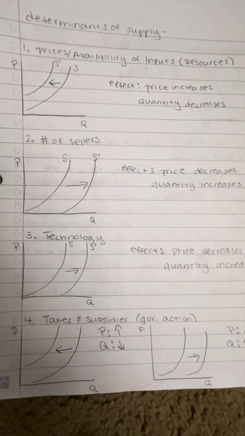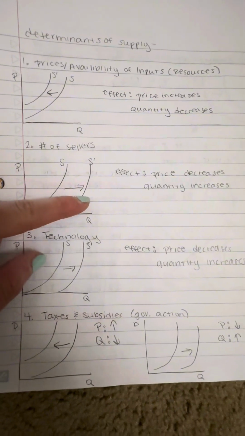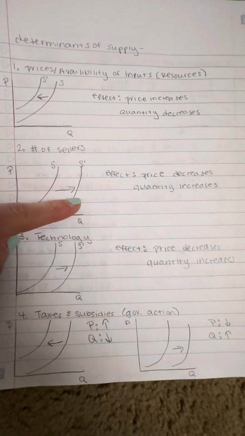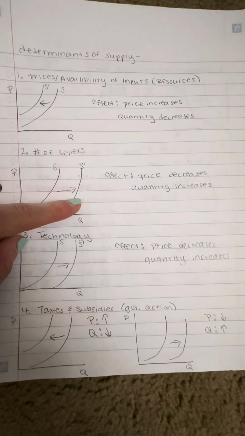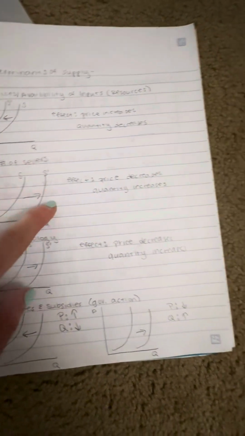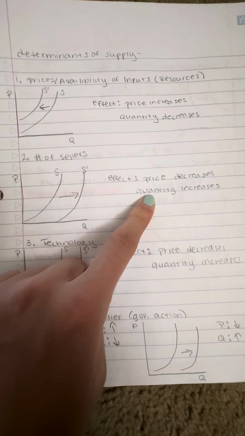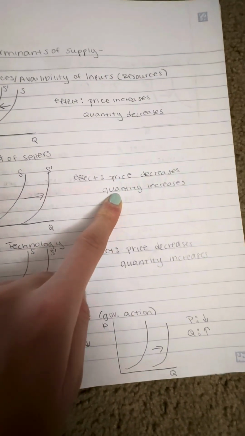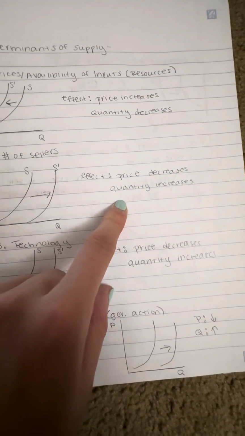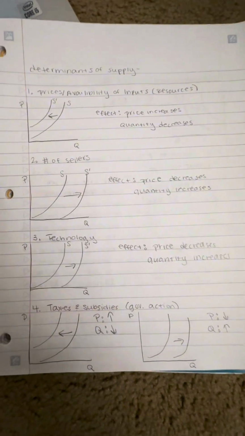So the new supply curve will be a shift to the right because there's an increase in the number of sellers, and the price is going to decrease as a result because more competition lowers prices, and quantity is going to increase because there's more lemonade available, like I said before.